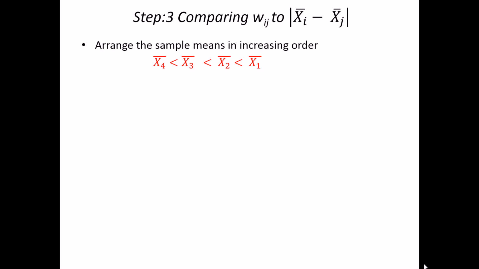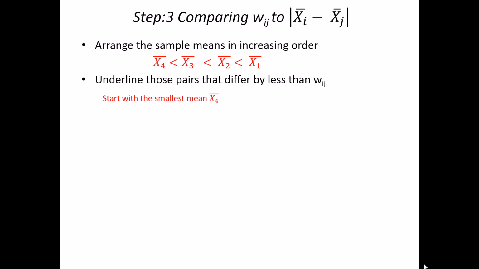In step 3, we compare the critical range to the difference in the sample mean. First we arrange the sample means in increasing order. Then we underline those pairs that differ by less than the critical range. Start with the smallest mean, x4 bar.